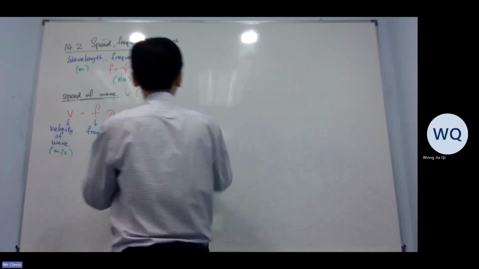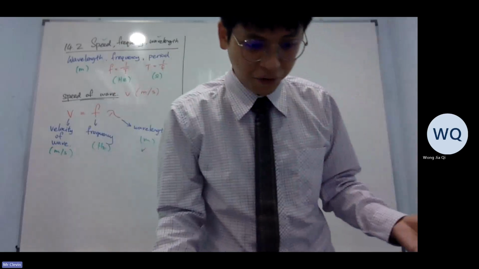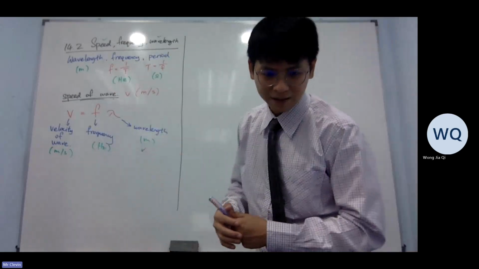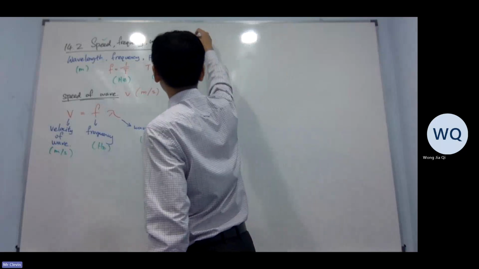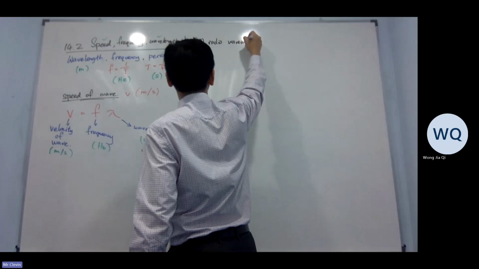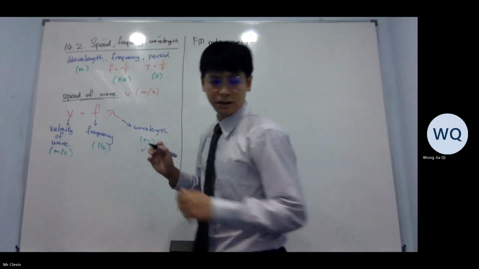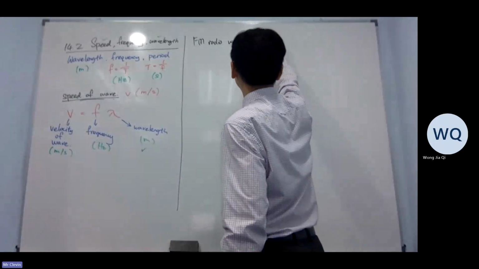Let me run through two short examples. Let's say for example they give us a signal wavelength, such as FM radio. The wavelength is equivalent to 1.5 meter.